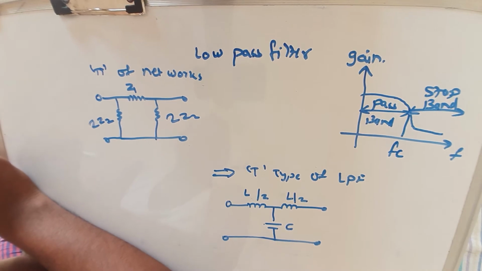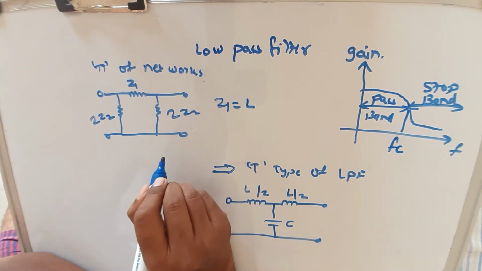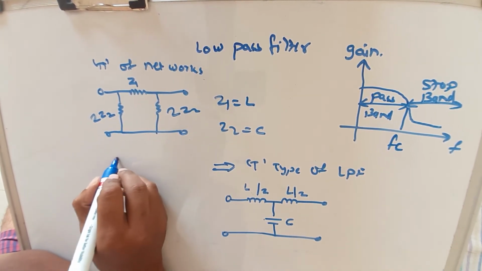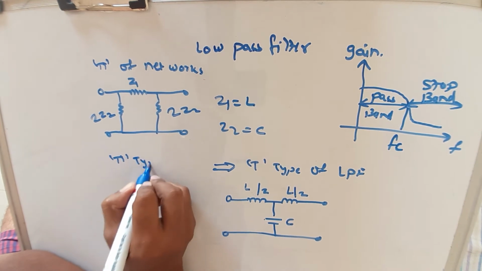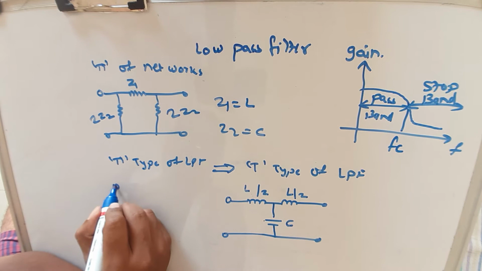Okay, so Z1 will be replaced by an inductor and Z2 will be replaced by a capacitor. So we'll draw the pi type of low pass filter.